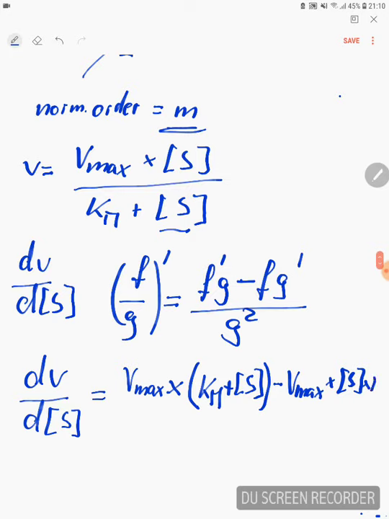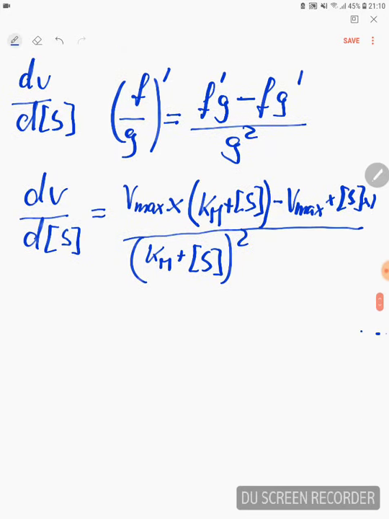And then, of course, we have Km plus S squared.